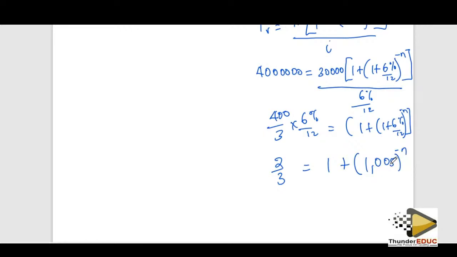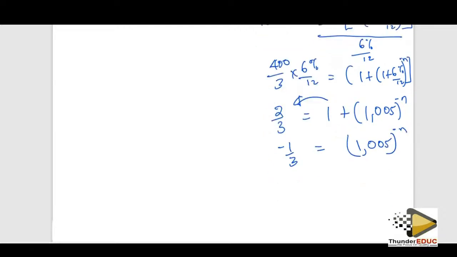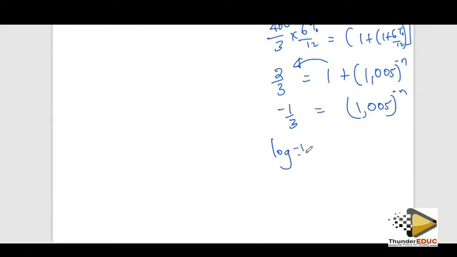So move the 1 that side, so 2 minus 1 gives negative a third is equal to negative 1.005 to the exponent of negative n. And then I'll introduce my logs. Negative a third is equal to negative n, the log of 1.005.